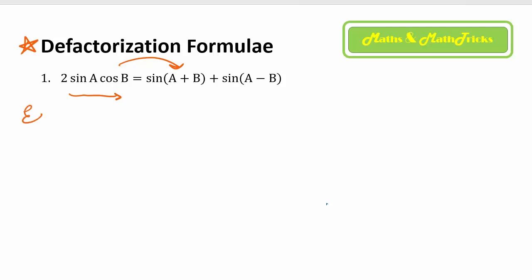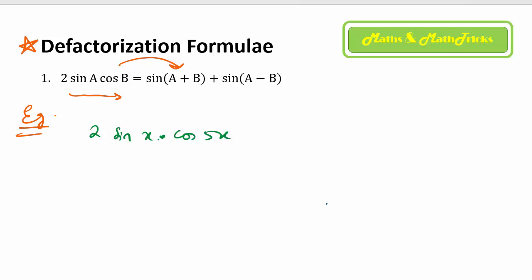Now, for example, how do you apply this formula in problem solving? How do you recognize that in a given problem this formula would help you? Suppose you are asked to simplify 2 times sine x into cos of 5x, in a way that you can express this product in the form of a sum or difference.